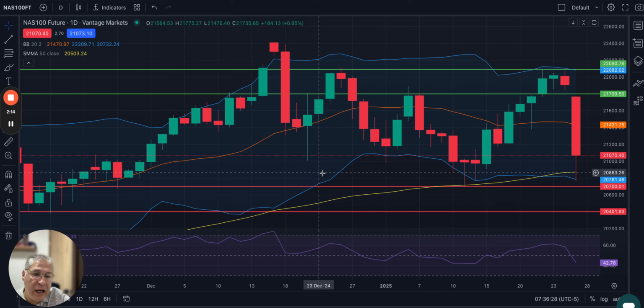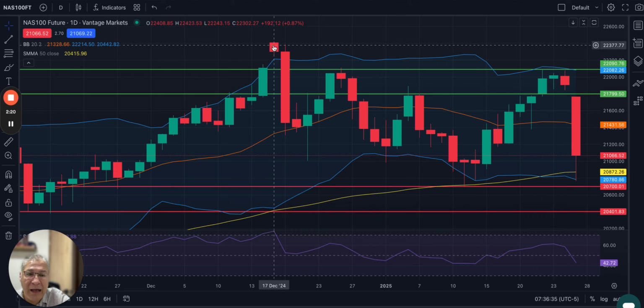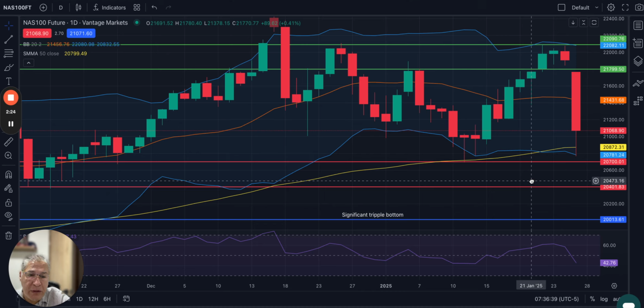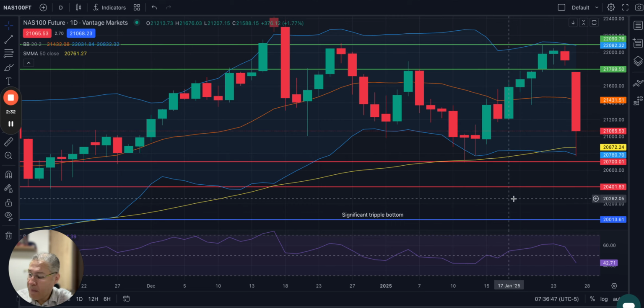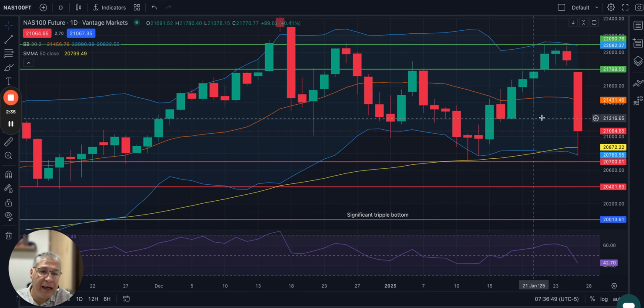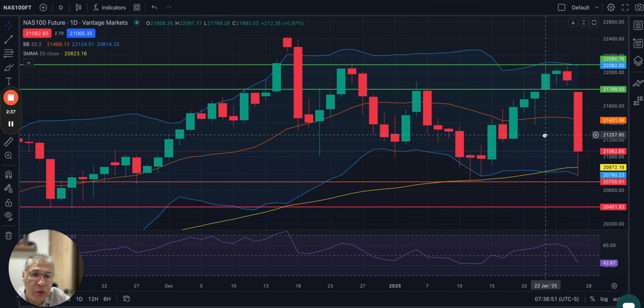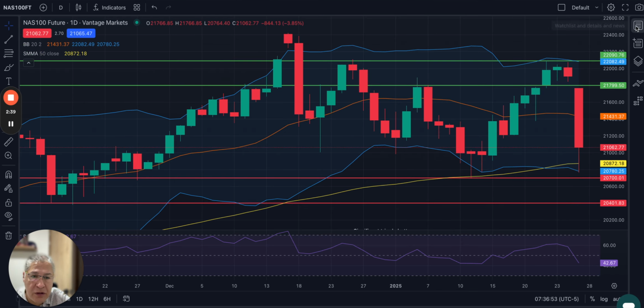We're not even close to that 10% retracement of that high. If we continue into a correction, 20,180 will be right below, obviously, 20,200. So let's see if that's where we are heading this week, to do a correction.